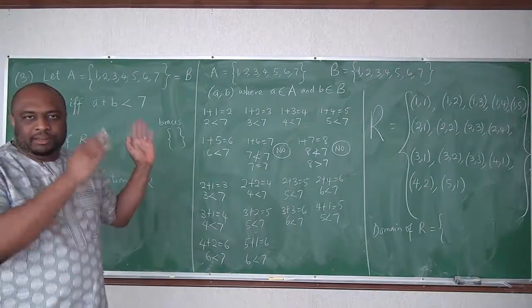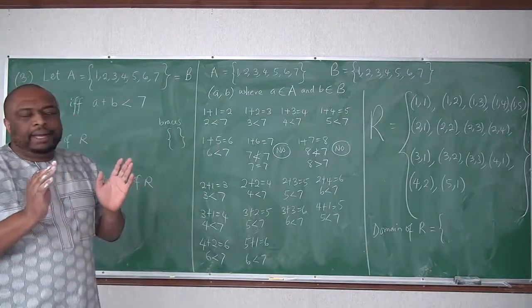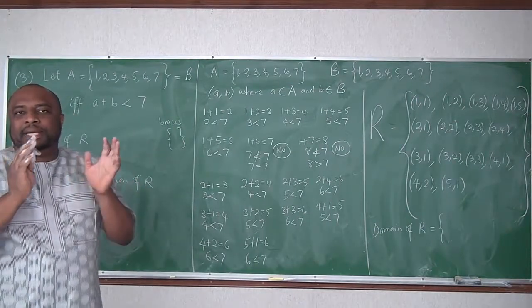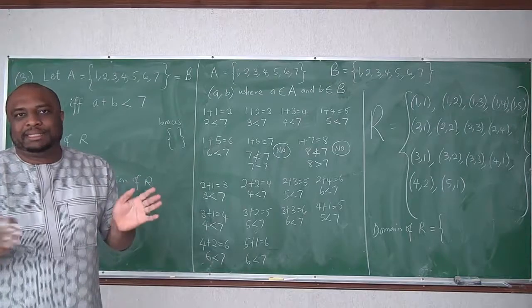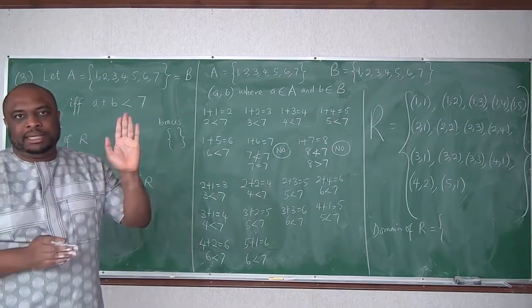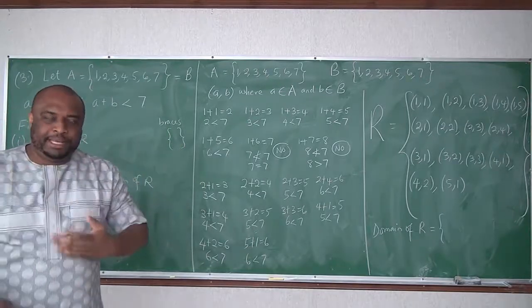When we did relations, in that first video, if a relation is expressed as a set, then the domain is the first, because if it's expressed as a set, it's a set of ordered pairs.